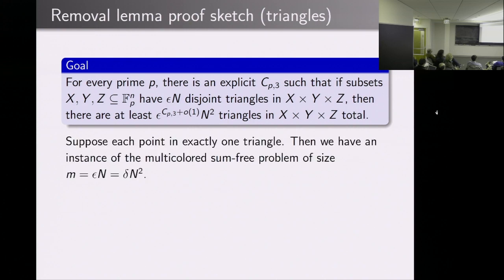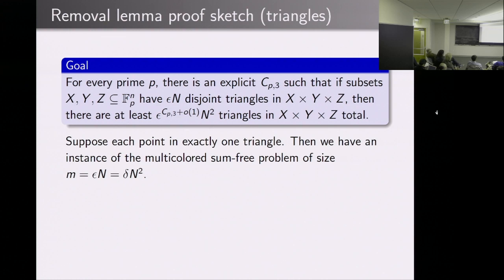So let me first indicate what the removal lemma has to do with the multicolored sum free problem. Suppose each point is in exactly one triangle. So we have disjoint triangles in both cases, except here our assumption is different, but suppose we actually have a multicolored sum free set.